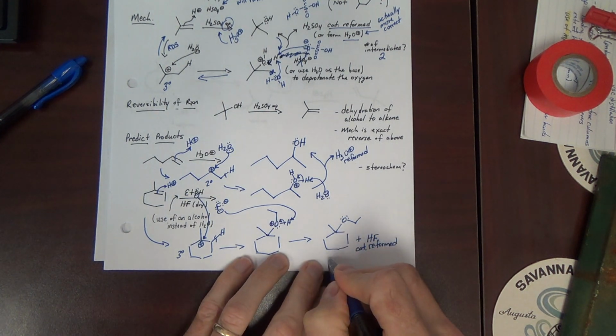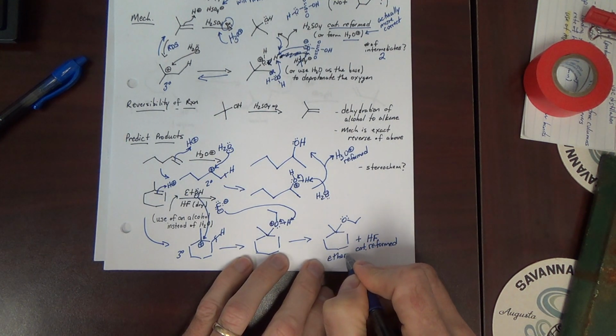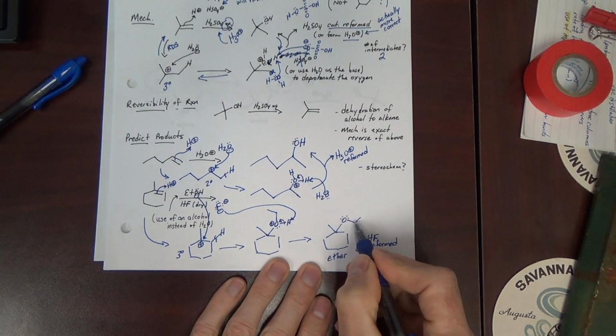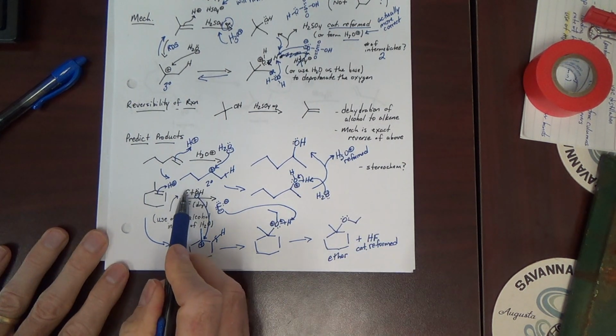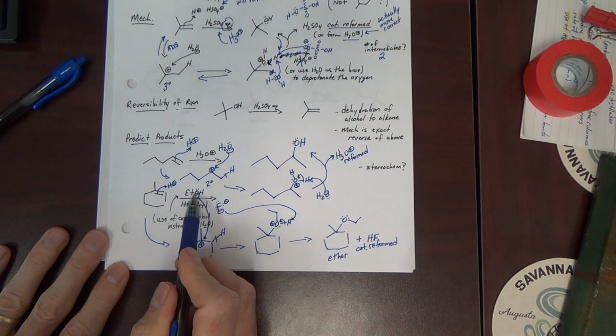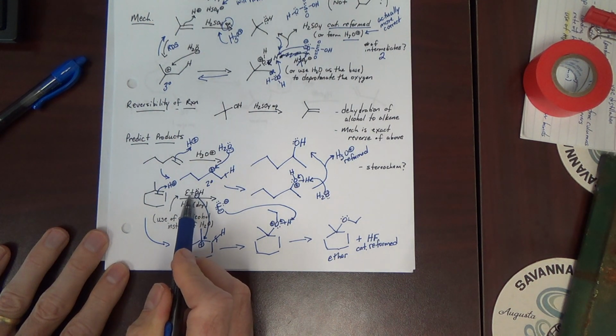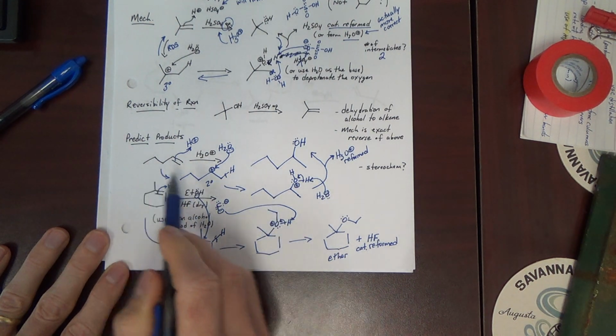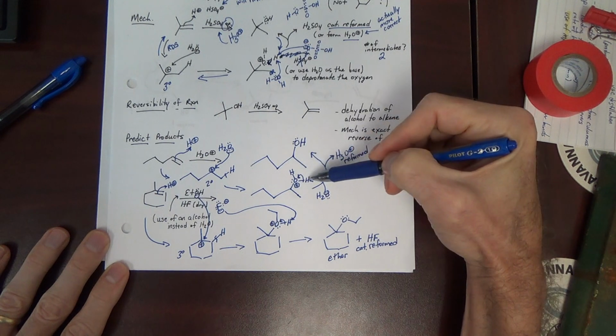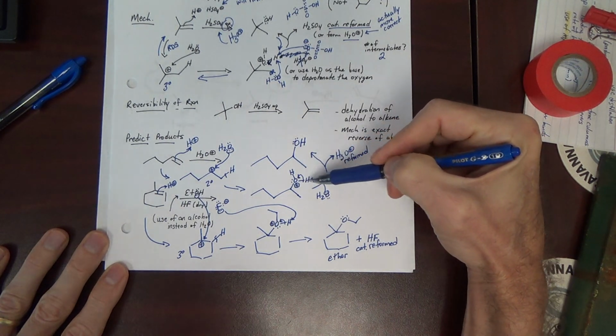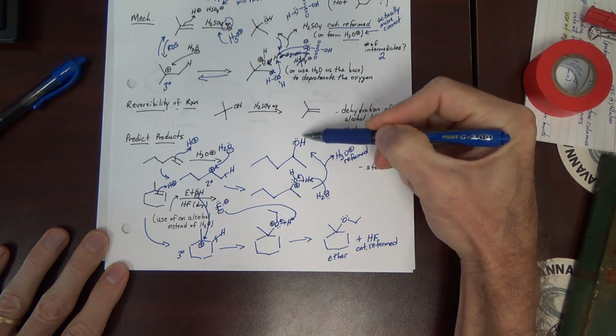And so in this case, we actually made an ether because the oxygen has an R group, because the ethanol, the alcohol, had an R group. Where in the reaction above, the oxygen only had H's. And when you lose one H, you're left with an H, and thus your product is an alcohol.